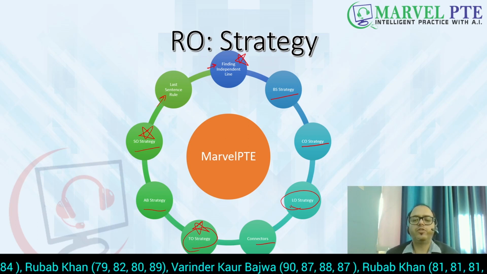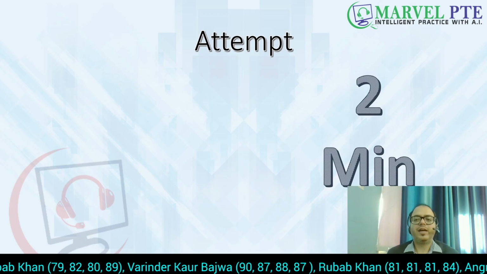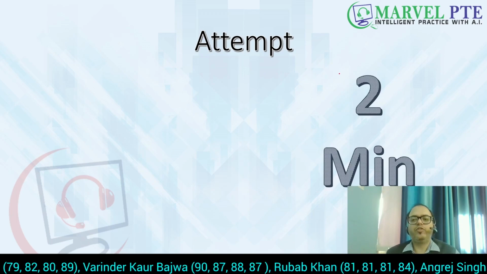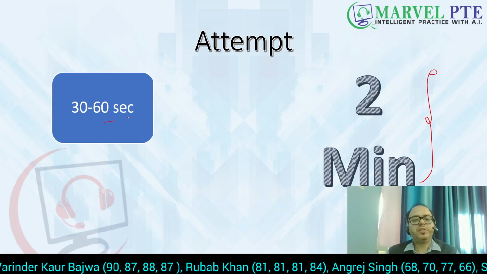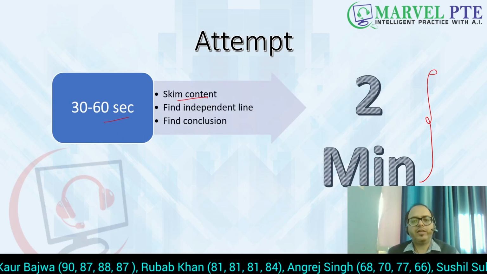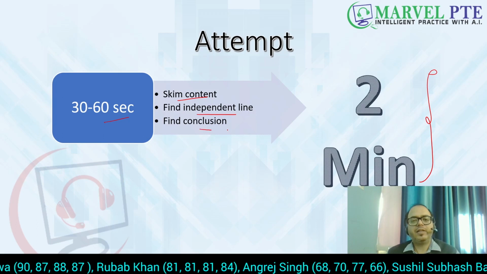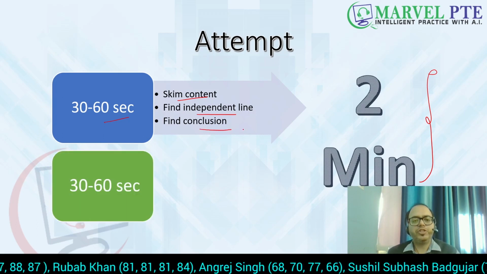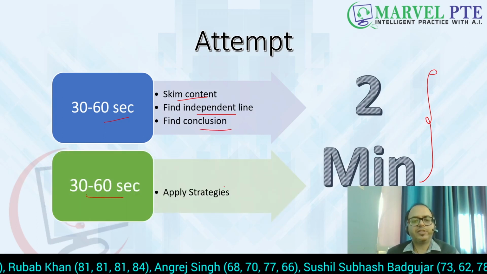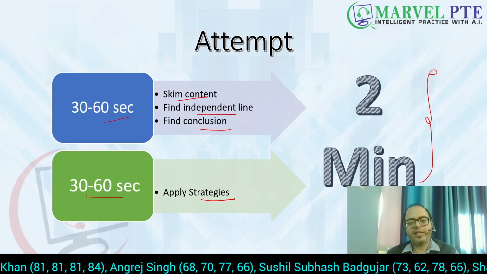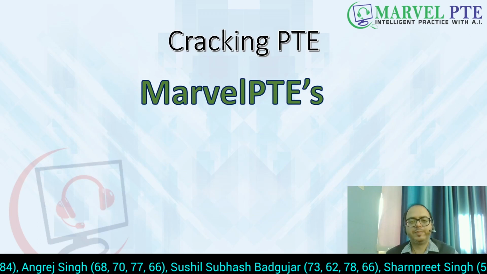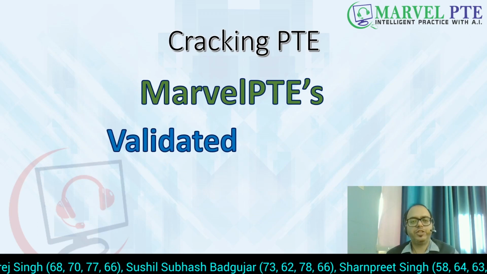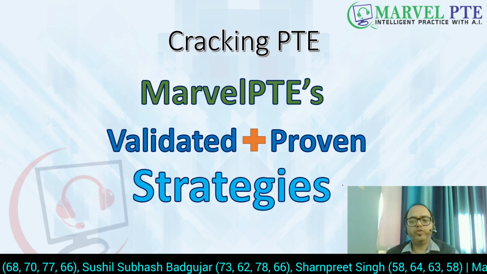So if you follow these strategies, you can easily solve your reorder paragraph in 2 minutes. But in the first 30 to 60 seconds, you are going to skim the content. You have to find the independent line, then try to find the conclusion line. And in the next 30 to 60 seconds, you have to apply the strategies so that you can solve them quickly, make pairs.